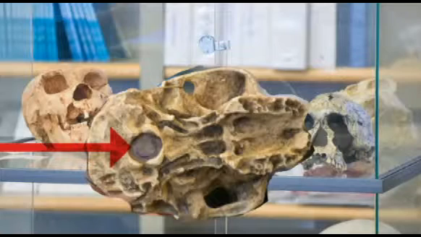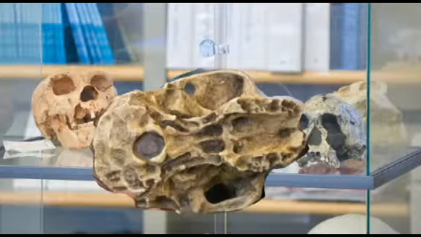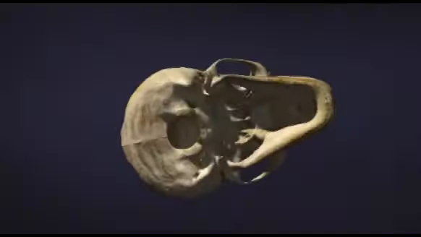But I did want to show you the foramen magnum of this particular specimen because it is such a complete specimen, and we really can see the basiocranial inflection and how it's transitioning from the chimpanzee, here it kind of transitionals, and then into the modern human position of the foramen magnum.